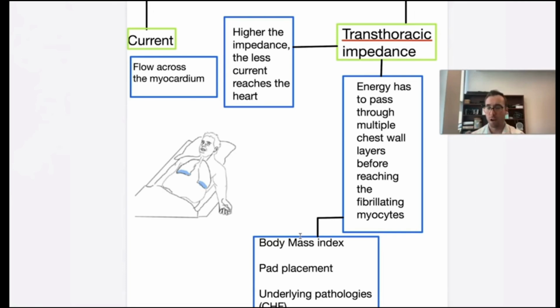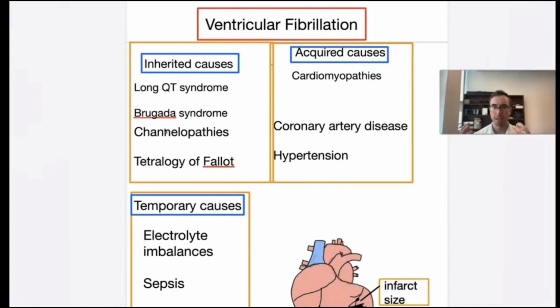Because if you have a higher body mass index, or pathologies such as cardiomyopathy or congestive heart failure, it makes it more difficult for the energy to pass through those multiple layers to reach the fibrillating myocytes and convert them. For the different pathologies that can lead to ventricular fibrillation and pulseless ventricular tachycardia, it's good to review them to see what the underlying cause is and whether it could impact our defibrillation success.